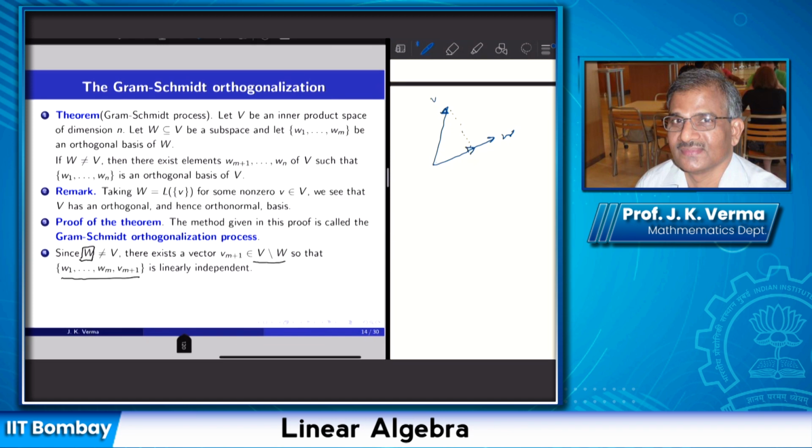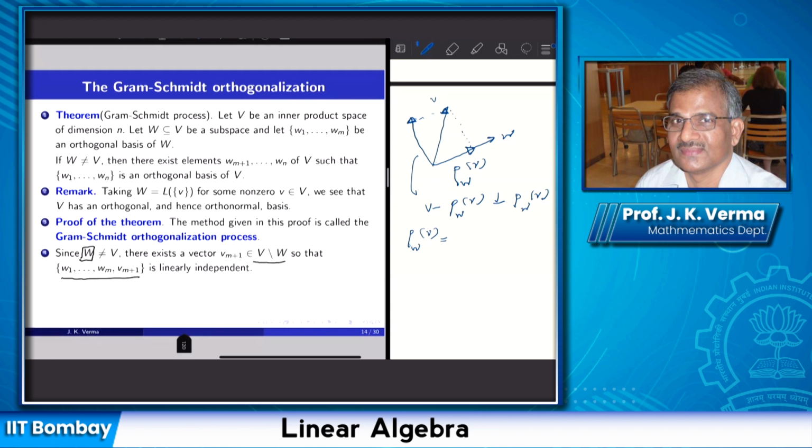One will be in the direction of W, which is called the projection of V in the direction of W. And if I subtract this projection from V, then I get a vector V minus the projection of V in the direction of W, and we showed that this is perpendicular to the projection vector.